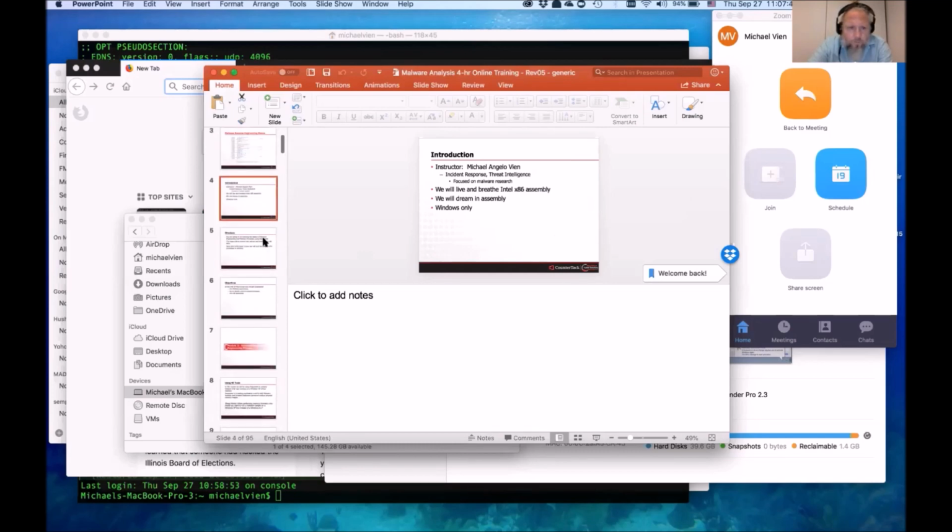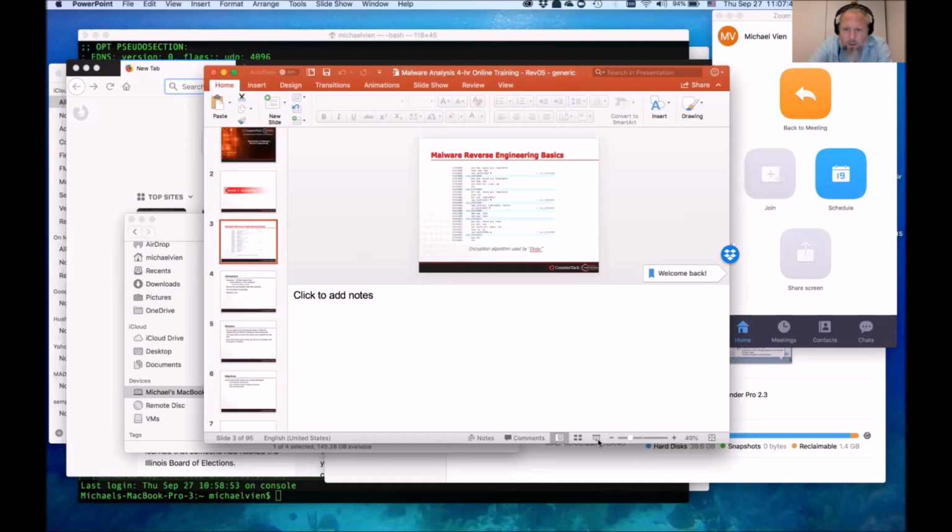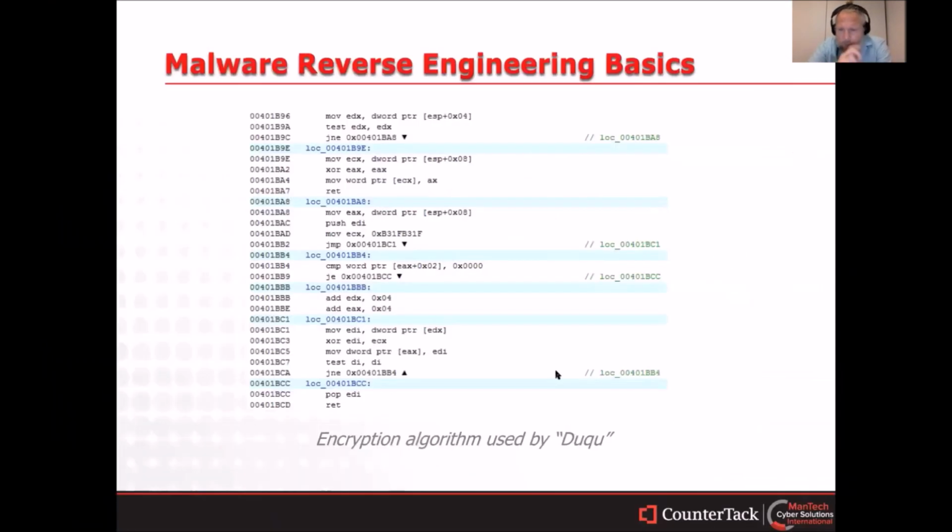So the first thing that I think we should show is this. I like showing this slide in the beginning of a malware class, because a lot of people get very intimidated by it. They see the disassembly and they're like, oh my God, that looks like alien scratch or something. I have no idea what that means.